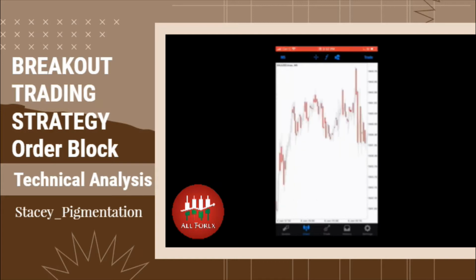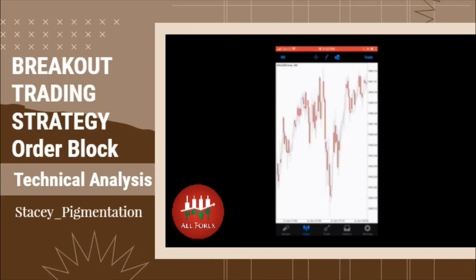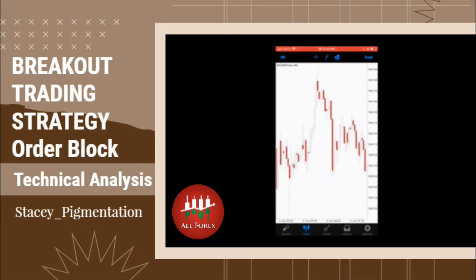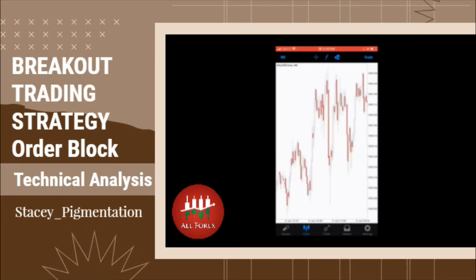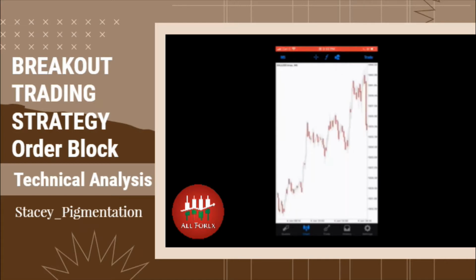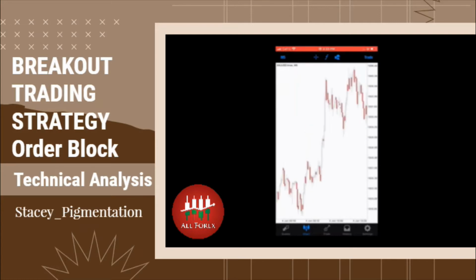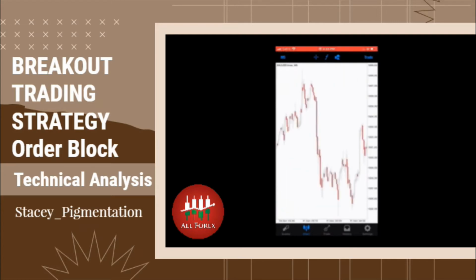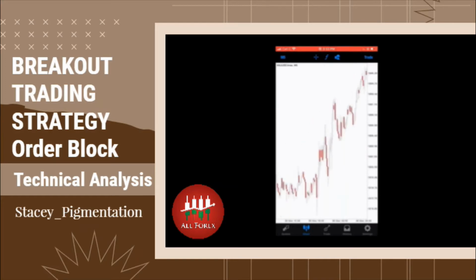And then ranging markets is when the market is just moving between two horizontal boundaries, which is the level of support and the level of resistance. You normally see ranging markets after a strong trend. I'll show you one example of how ranging markets look.